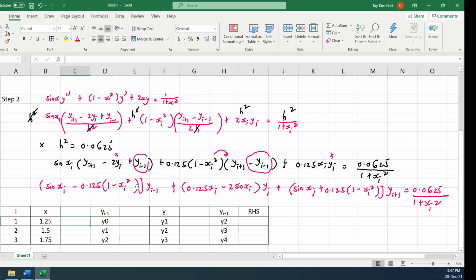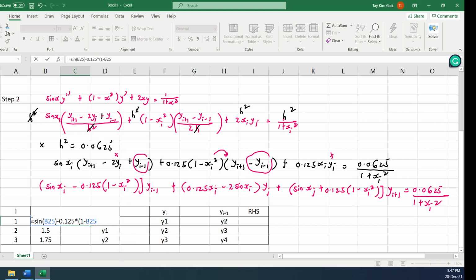Now I'm going to key in the coefficient for y_{i-1} directly into Excel. Equals sin, x is here, click the location of x. Then minus 0.125 multiply 1 minus x squared. Sometimes it hides, so you have to key in the location, which is B25, squared is power 2. Close it.